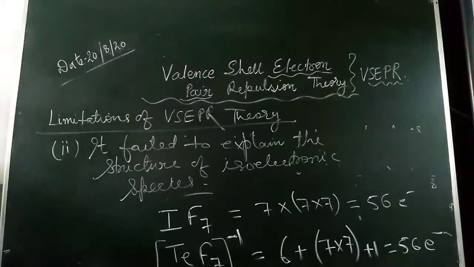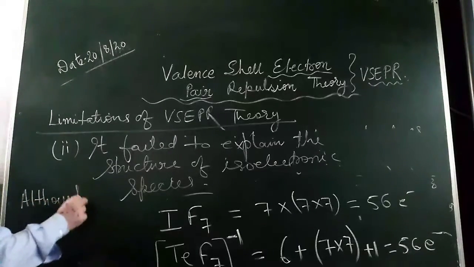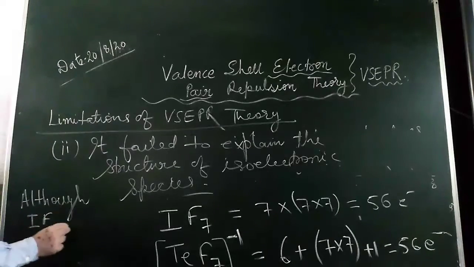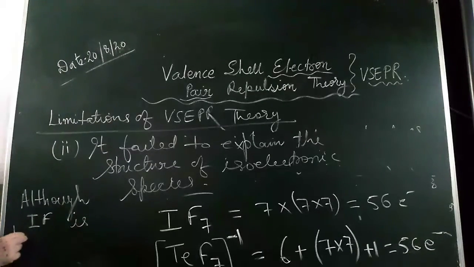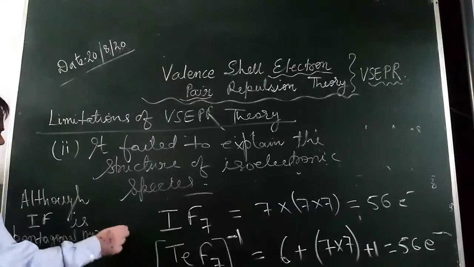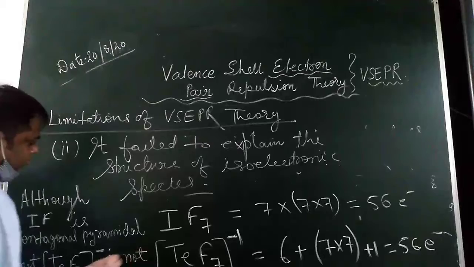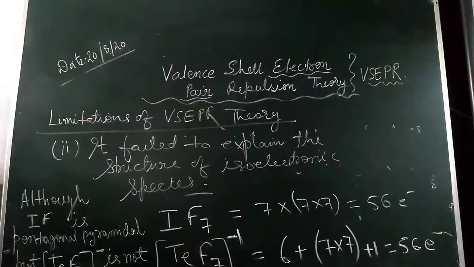So although IF7 is pentagonal bipyramidal, TeF7 minus is not pentagonal bipyramidal.